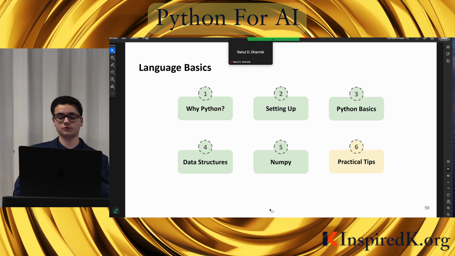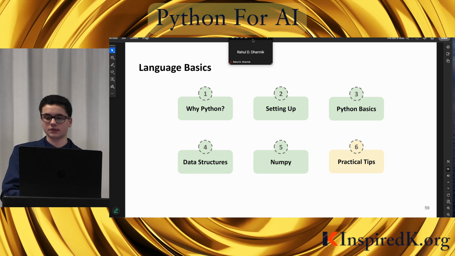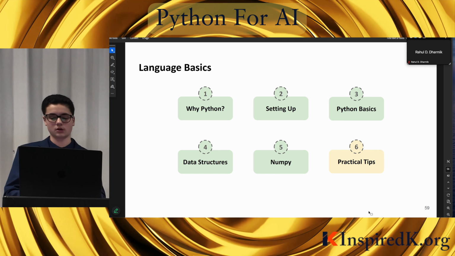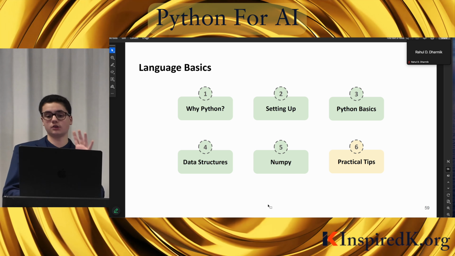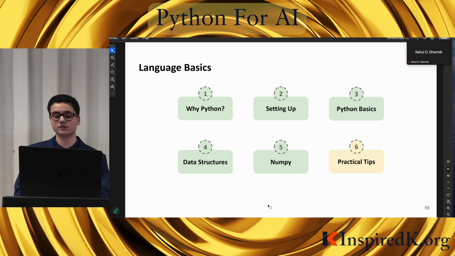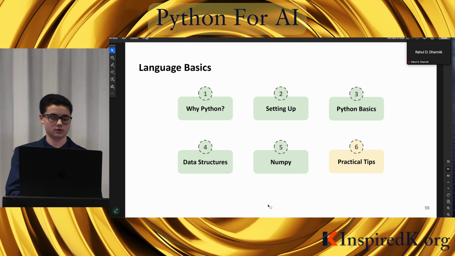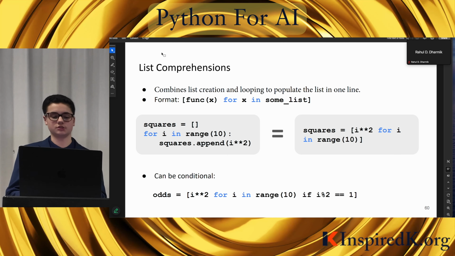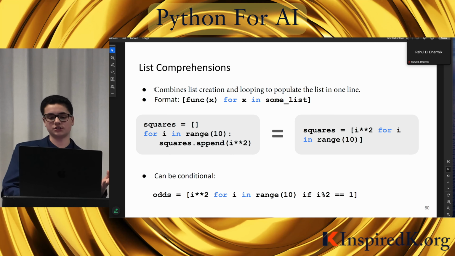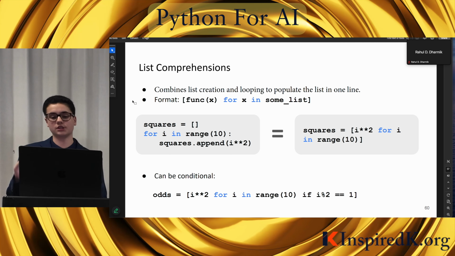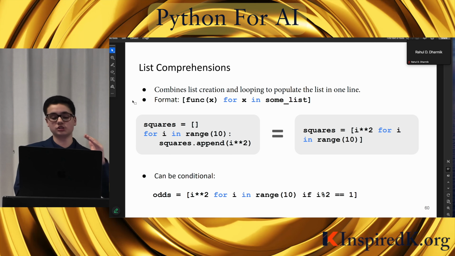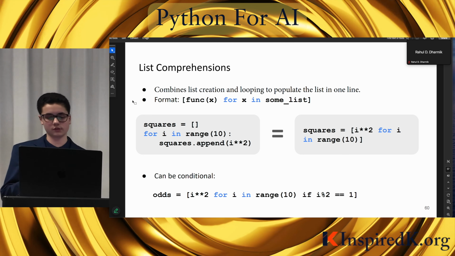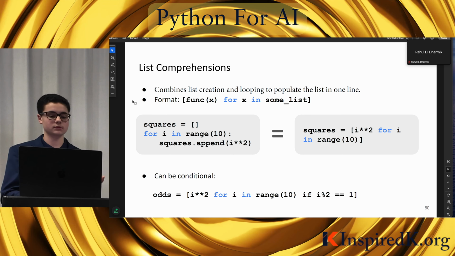Now I'm going to go into some very practical tips that are extremely important in Python when you want to have an understanding of the language and sometimes speed some coding practices up. So first, there is a complex method called list comprehensions, which use list creation and looping to create a list in one line rather than initialize a list and then create another loop to add entries to it.